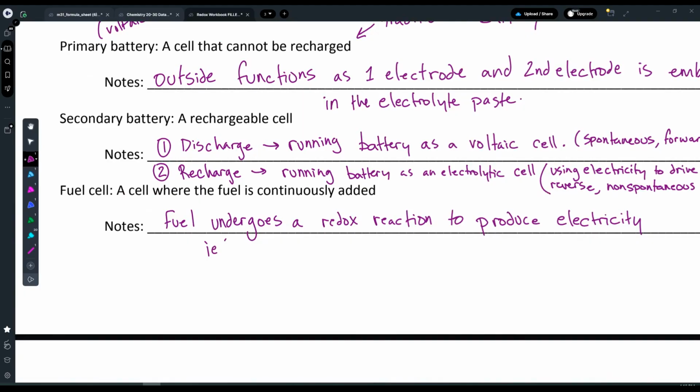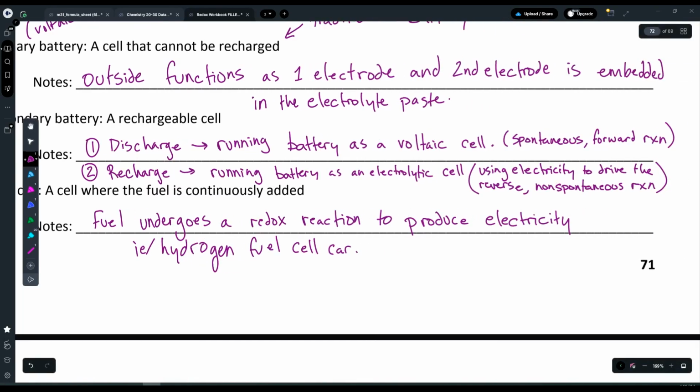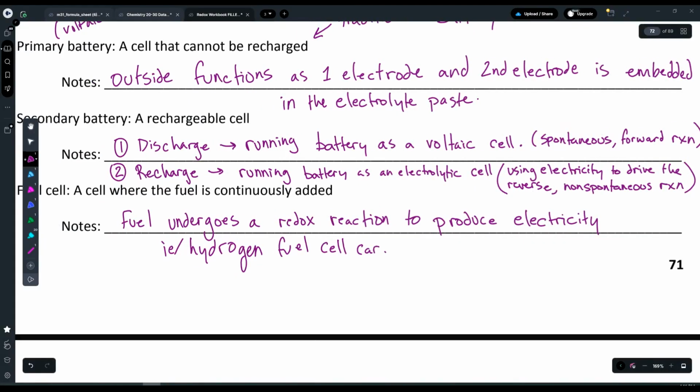An example of this would be a hydrogen fuel cell car. Because a redox reaction is happening to produce electricity, that means these fuel cells are operating as a type of voltaic cell.